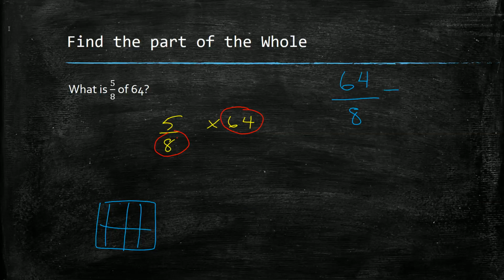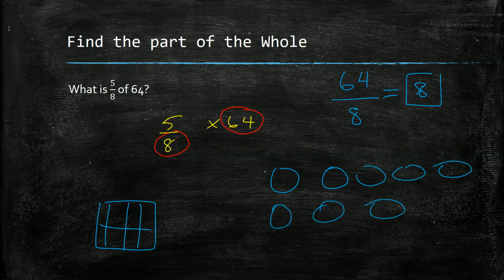We know that 64 divided by 8 is 8. So we have a total of 8 groups, and each one of those groups has 8 pieces in it.